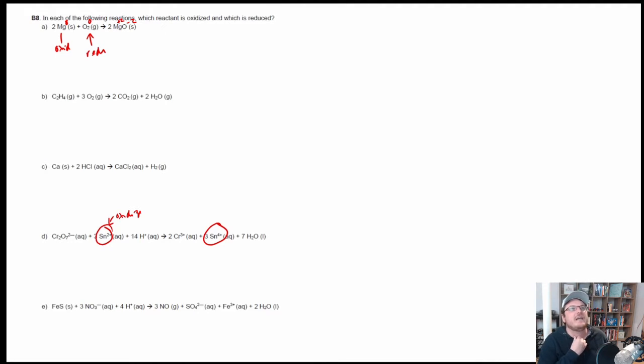My question here for B8 is when we talk about oxidizing and reducing agents, is that the whole molecule or is that the specific atom? So the agent is going to be the whole molecule. But within a molecule, only specific atoms might be oxidized or reduced.